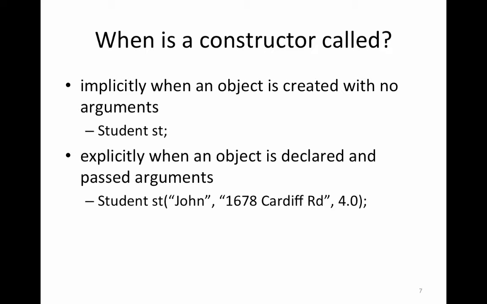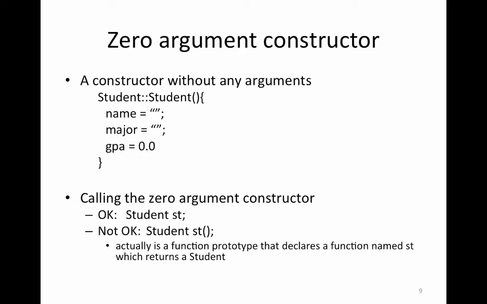Okay, so let's go on to here. So again, a 0 argument constructor is one that has no arguments, and it is special in that it has an unusual and inconsistent way of declaring a variable. So you would think, based on everything you've seen up till now in the course, that this is how you should declare a student that is calling the 0 argument constructor, right?